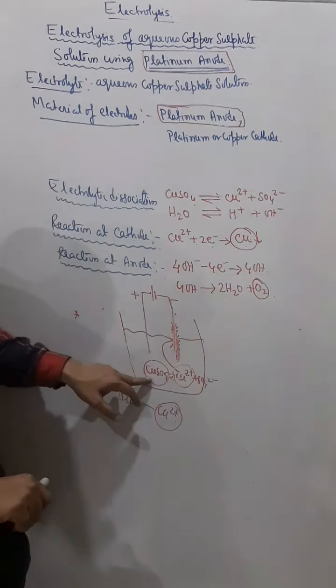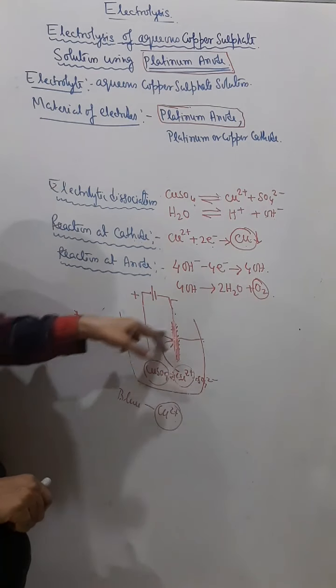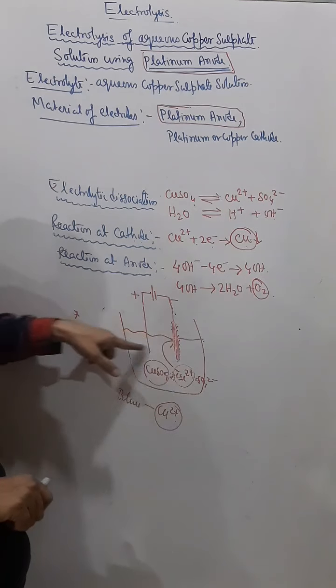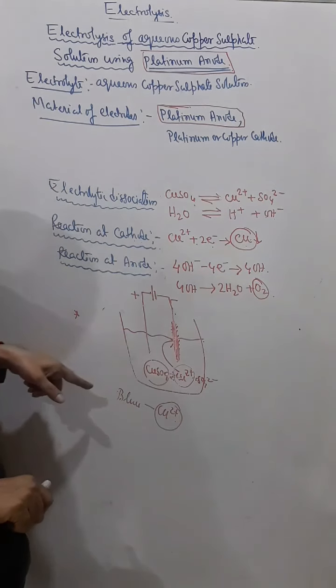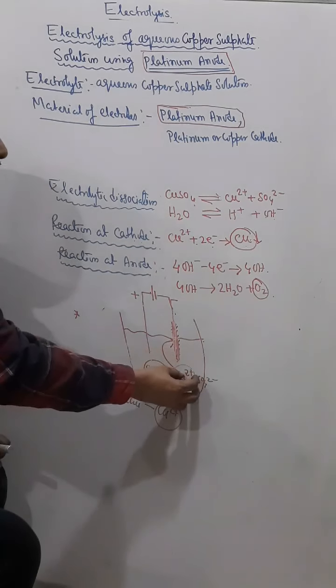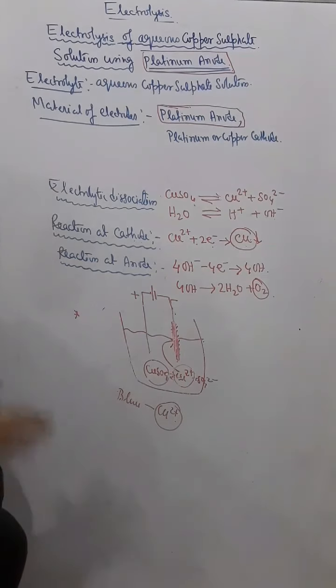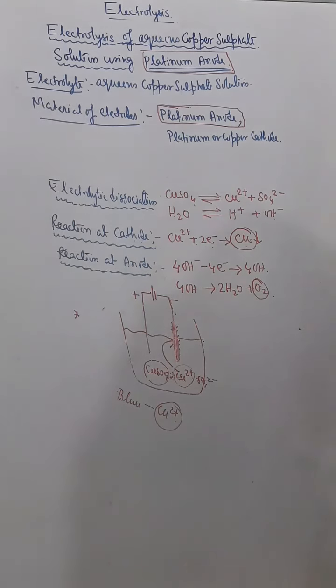And when ultimately all the copper is discharged, finally the solution becomes colorless. Understand? That means copper sulfate is finished, and when copper sulfate is finished, then electrolysis of water will take place after that. So that is the reason the blue color slowly fades away and ultimately it turns colorless.